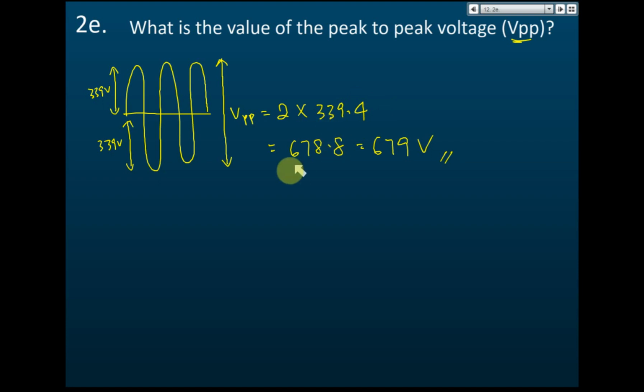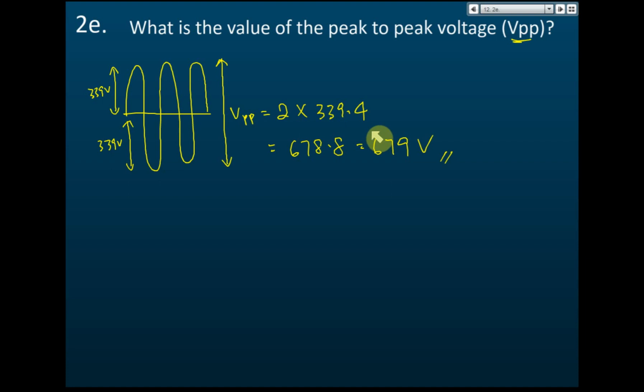Then only will you get an accurate final answer. 2 times 339.4, you get 678.8, or 679. If you use 339 only, then you will get 678, but the correct answer is 679 volts. So you must be very careful.